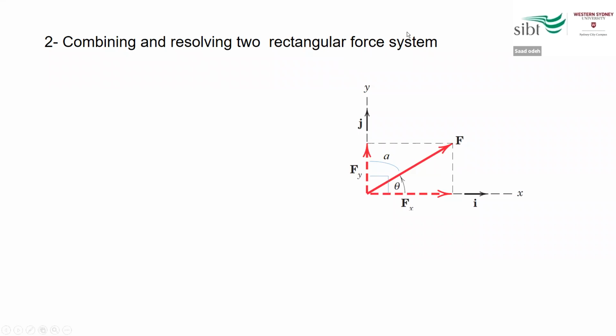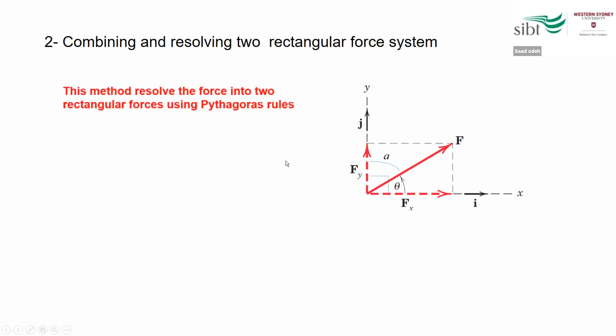Also in lecture 2, we use another method to resolve or find the component of a vector. We use this method when we have a 90-degree angle between the components. So if we have two components like this, where the angle between the axes x and y is 90 degrees, then we can apply Pythagoras' rule.